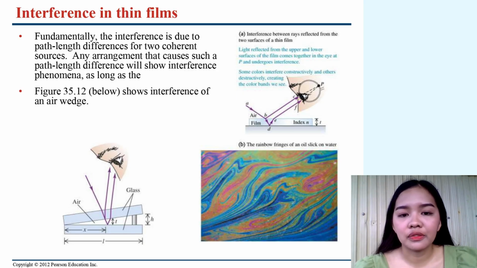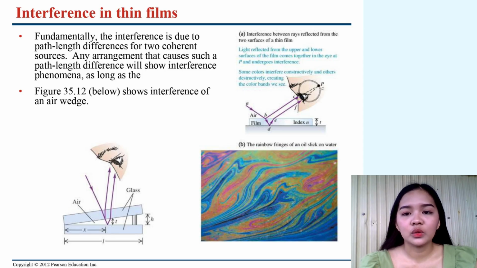First, light reflects off the top surface of the film. Second, light also goes through the film, reflects off the bottom surface, and comes back out. These two reflected waves travel different distances. The one that went through the film and back has an extra distance, which creates the path difference.